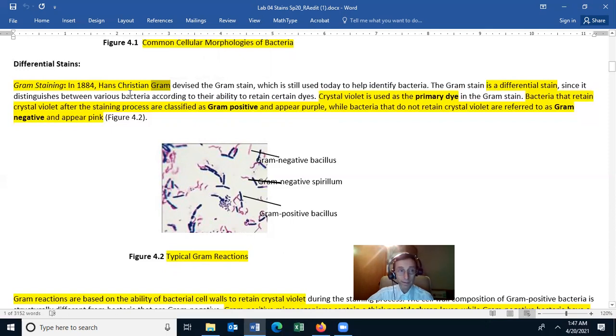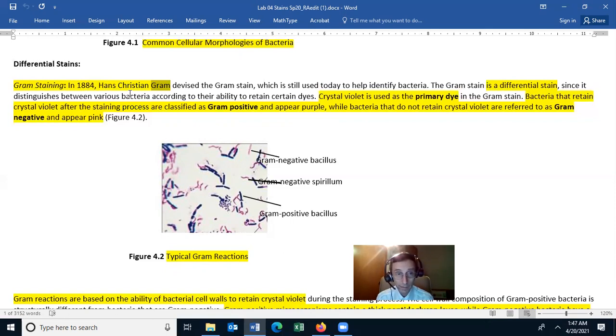so that he could distinguish between the patient's cells and the cells that were infecting the patient. And then microbiologists started using the stain that he invented, and they said, my God, this does more than differentiate between a patient's cells and the bacteria cells which are infecting the patient.